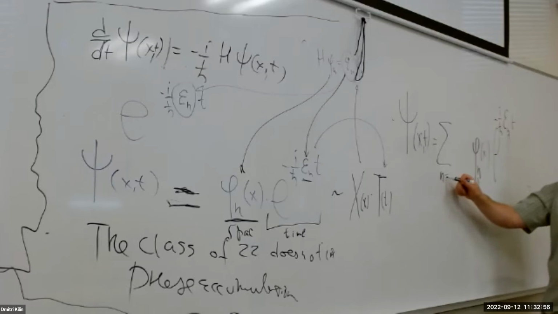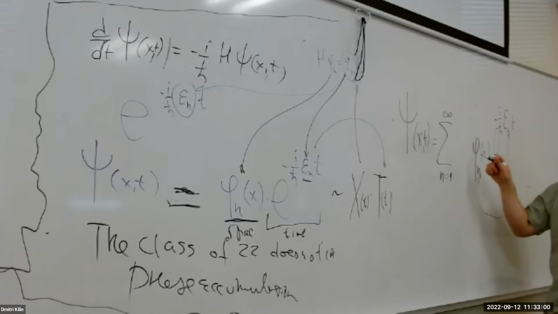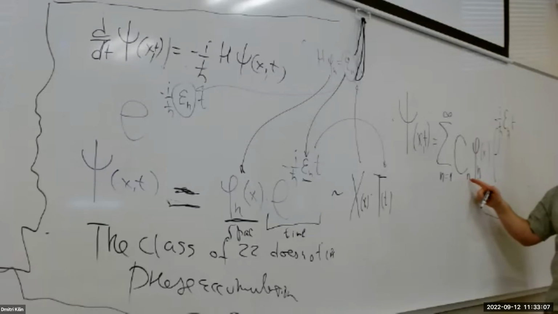So for all possible n, from 1 to infinity or whatever number of solutions there is. And to be very general, we need to say that the linear combination coefficients can also be different. They do not need to come in equal proportions.